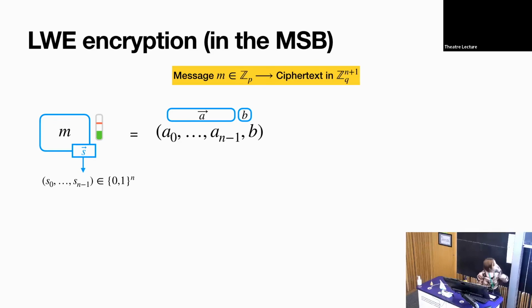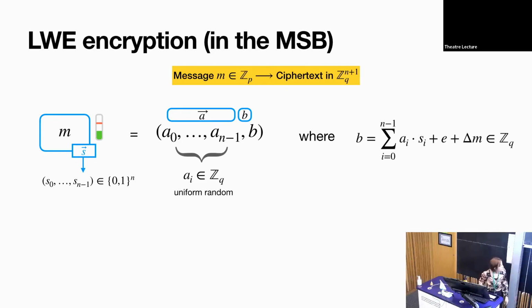So you choose your mask, your random elements in Z_Q, and then you build B in the same way as you build your LWE sample. It's just that in this case, you use A times S plus the error as a mask to your message. In particular, you rescale your message by this quantity delta, that is generally about Q over P, or in any case, a quantity that we know. The error is Gaussian, of course.